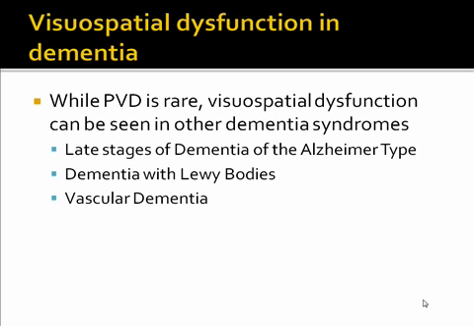In other dementias, such as dementia with Lewy bodies, visual-spatial dysfunction can be a major and even a primary component of the disease. In vascular dementia, if there's enough damage to the areas underlying the visual association cortex, or if that cortex itself is damaged, you can also end up with this condition.